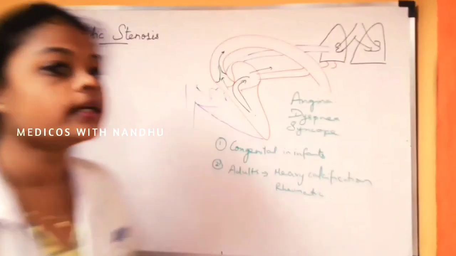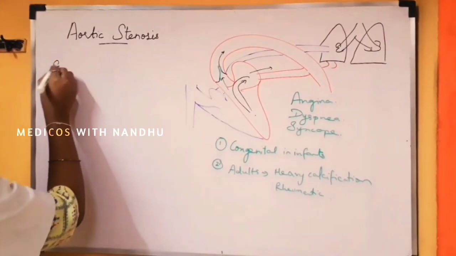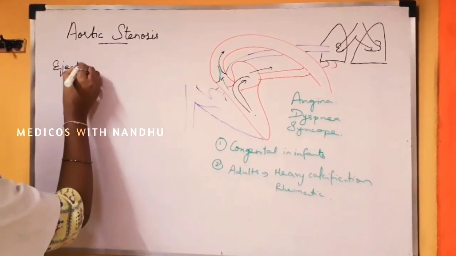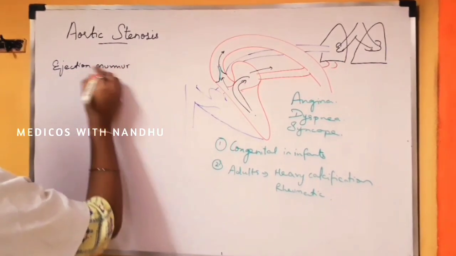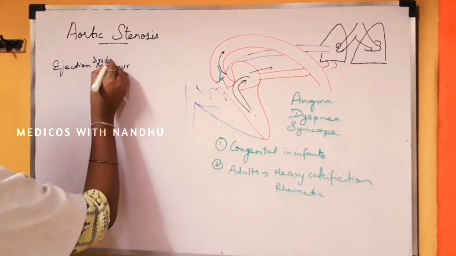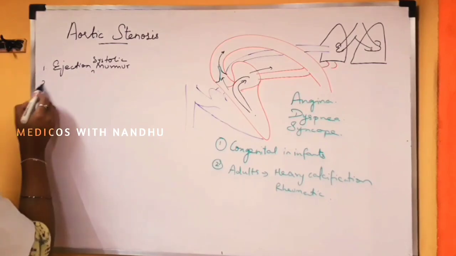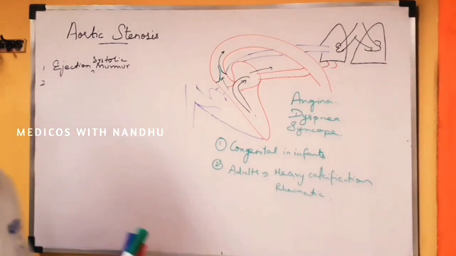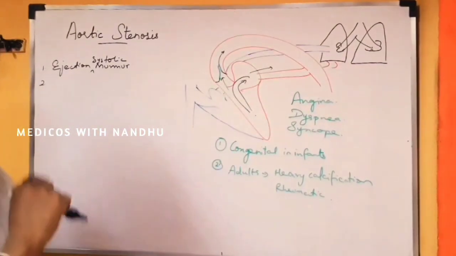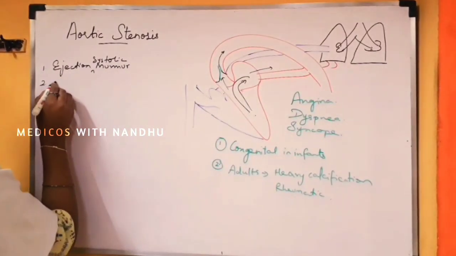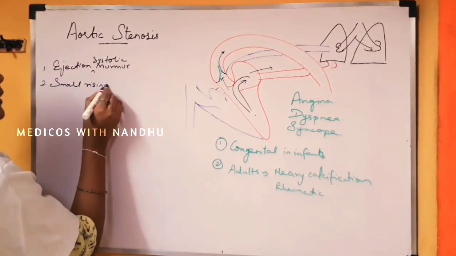Coming to signs, an ejection systolic murmur will be heard. Next, second will be a small rising of the carotid pulse.